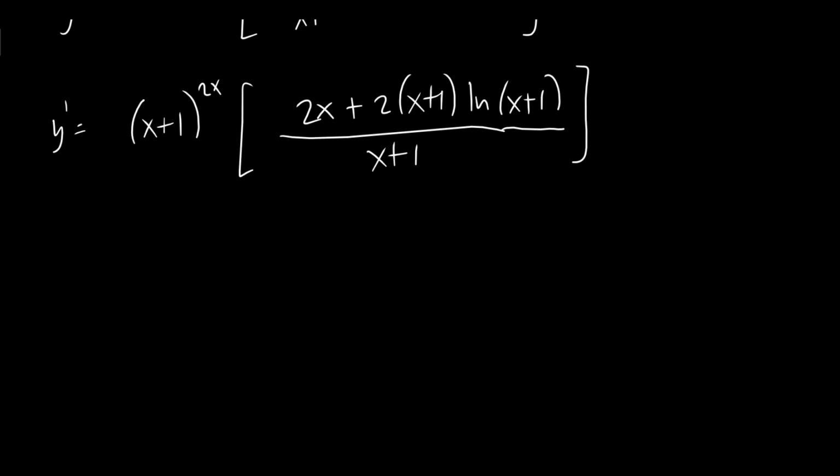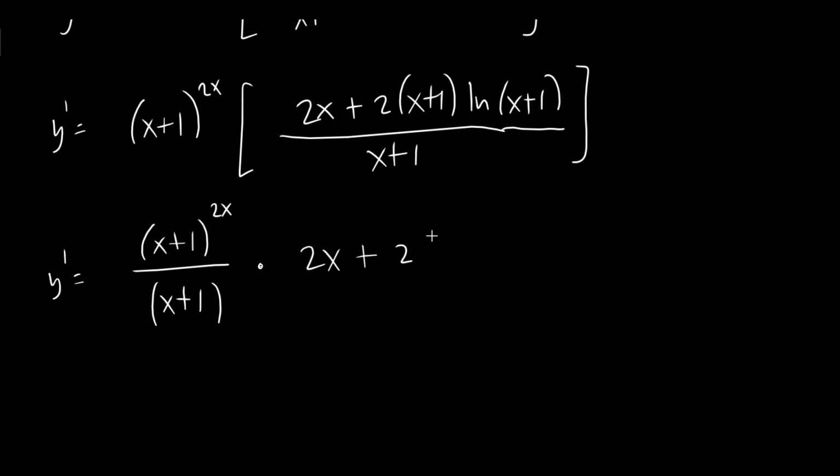So we're now ready to simplify. We have (x + 1) raised to the power of 2x all over x + 1, times 2x plus 2 times (x + 1) ln of (x + 1).